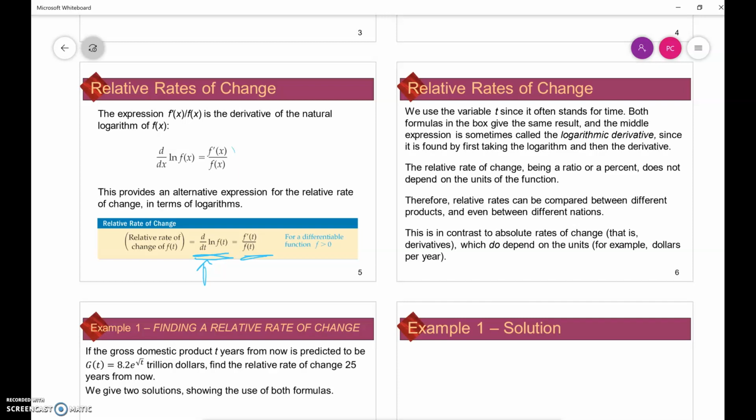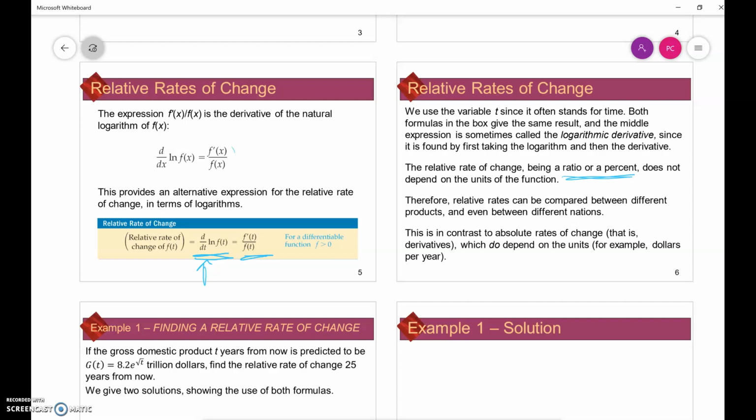The relative rate of change, being a ratio or a percent, does not depend on the units of the function. Therefore, relative rates can be compared between different products and even between different nations. This is in contrast to absolute rates of change, or just the plain derivative, which do depend on units, for example, dollars per year.